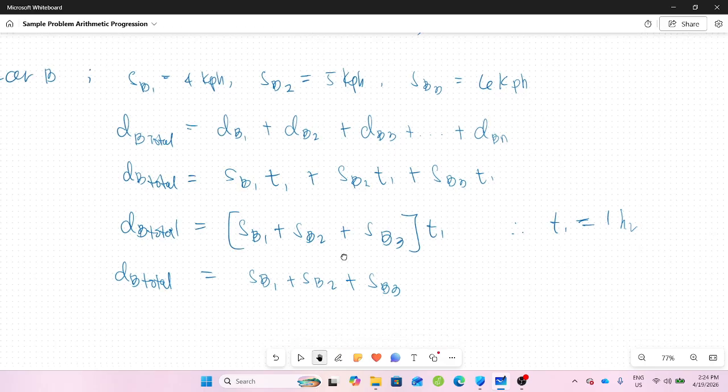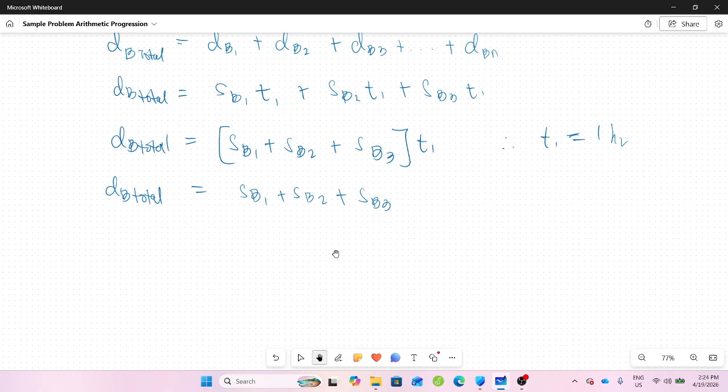Now, we know that this one is actually 4, well, this one is actually 5, well, this one is actually 6. Notice that the common difference here is actually positive 1.